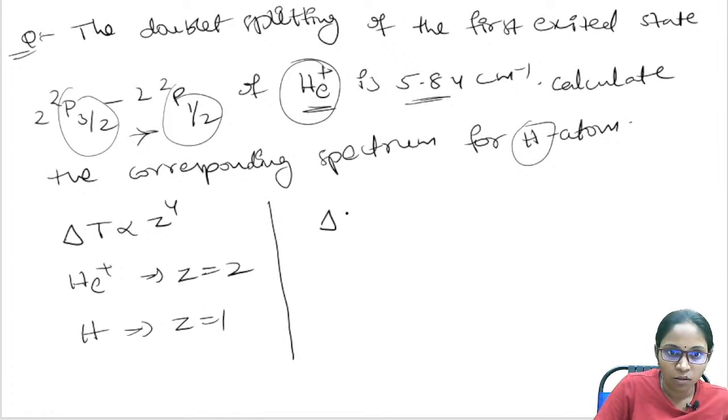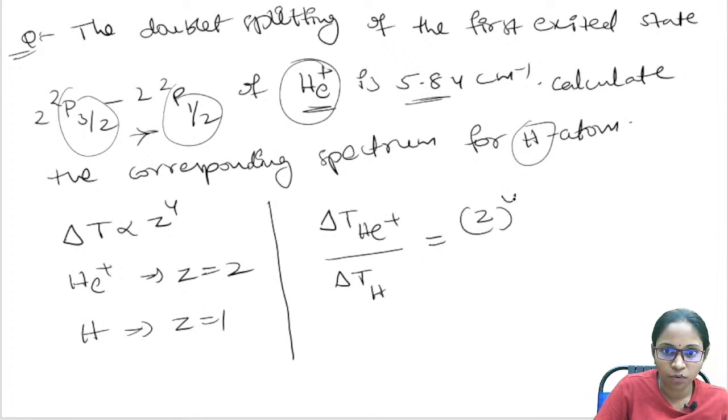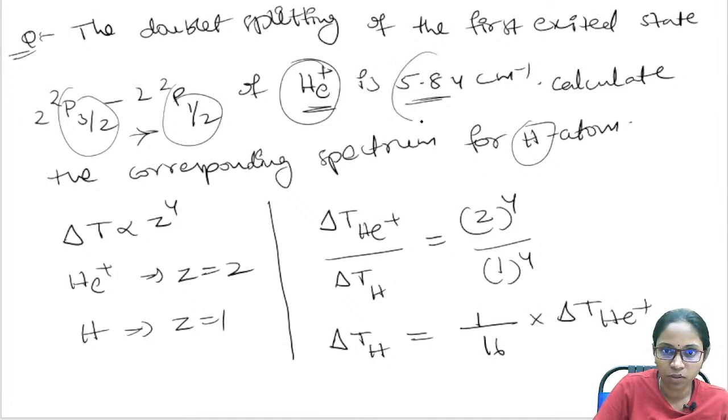Therefore you can write the term value for helium plus to the term value for hydrogen atom is equal to 2 power 4 by 1 power 4. We need the term value of hydrogen atom, so the term value of hydrogen atom will be 1 by 16, since 2 power 4 is 16, into the term value of helium plus, 5.84 per centimeter.